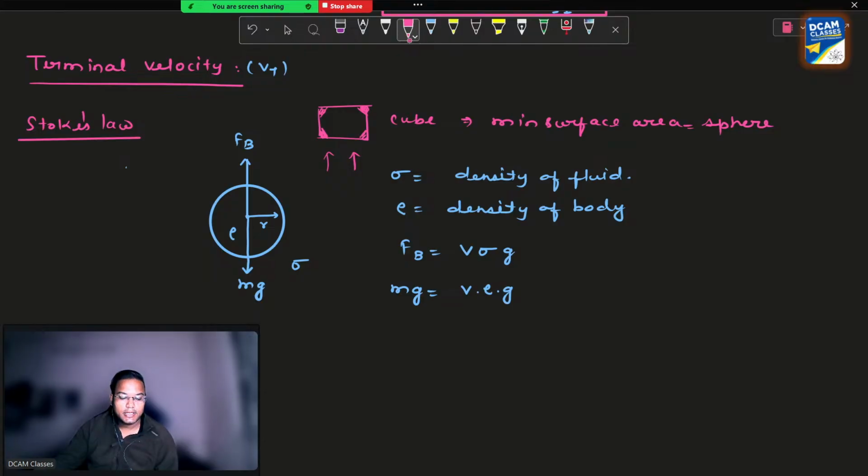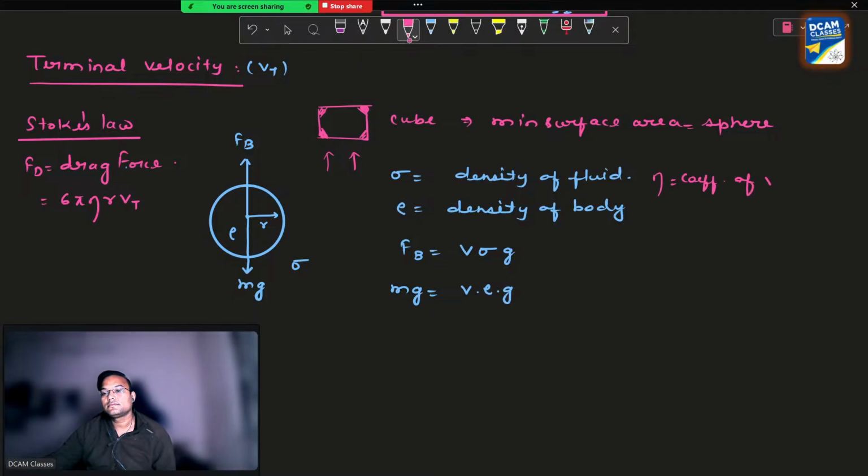What it says is that the friction or the drag force, because of which the body tries to acquire the terminal velocity, is given by 6 pi eta r vt, where eta is again your coefficient of viscosity, r is the radius of the body, and vt is the terminal velocity.